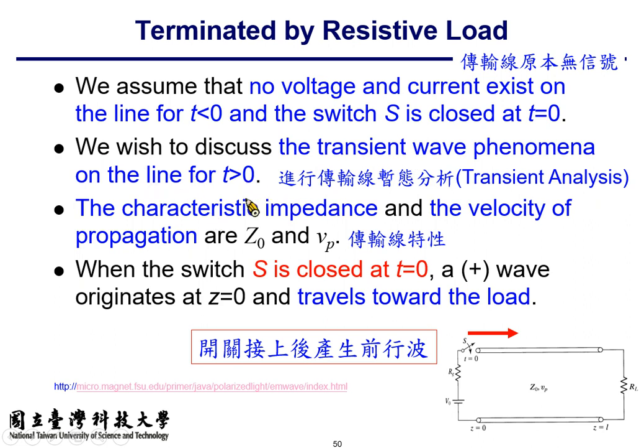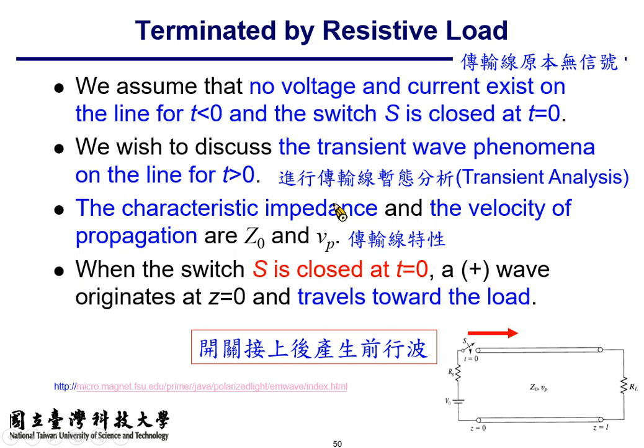So when t is greater than 0, we will have voltage and current signals going on in the transmission line system. What happens? The variation of voltage and current signal in terms of time and location is referred to as the transient analysis.